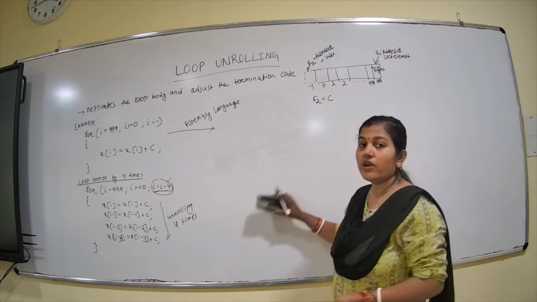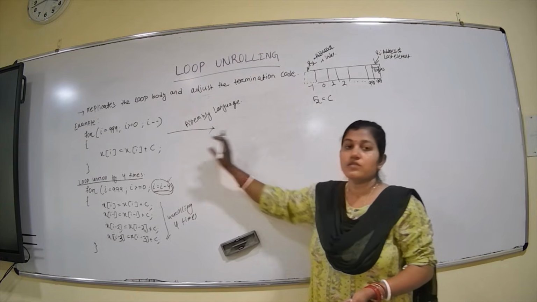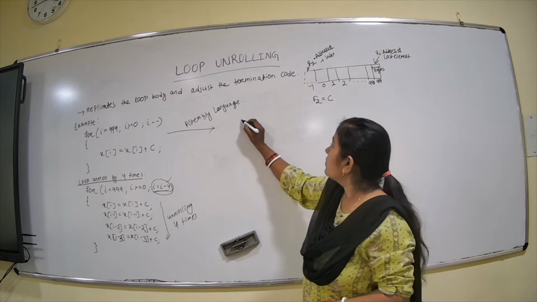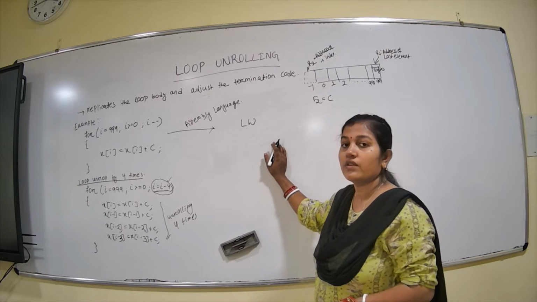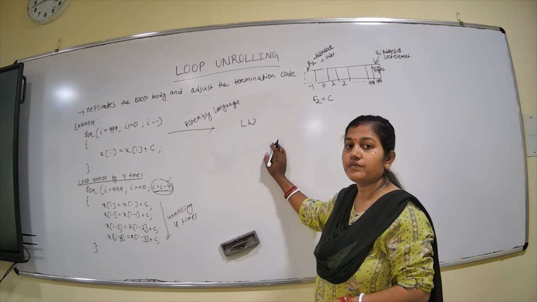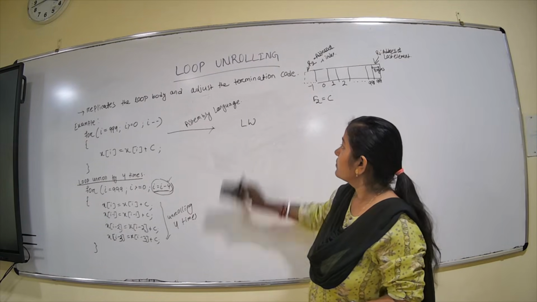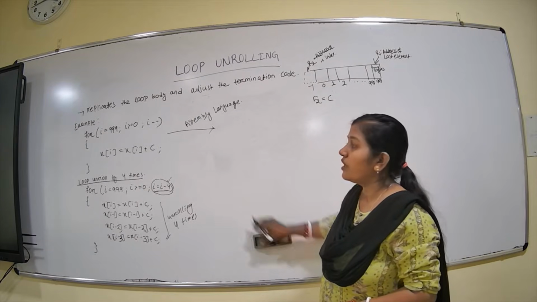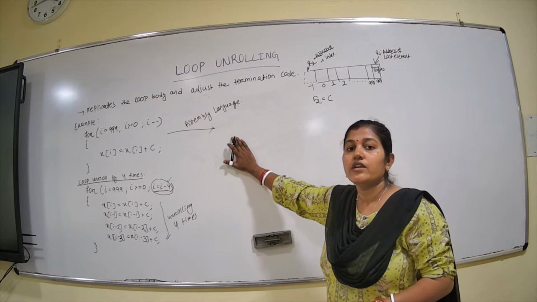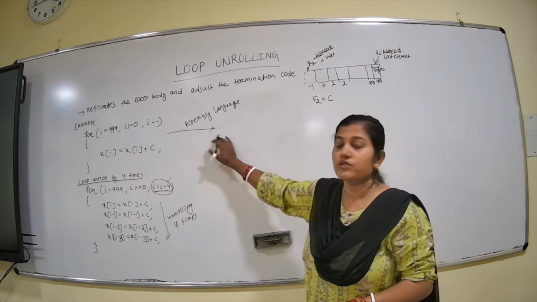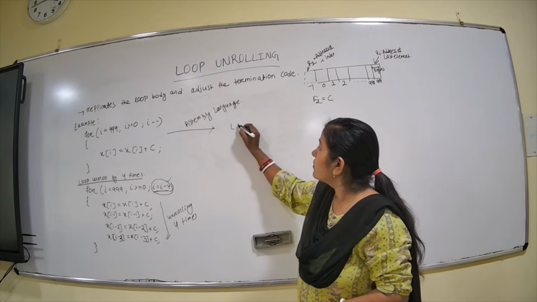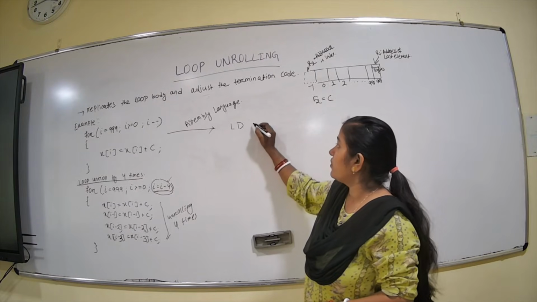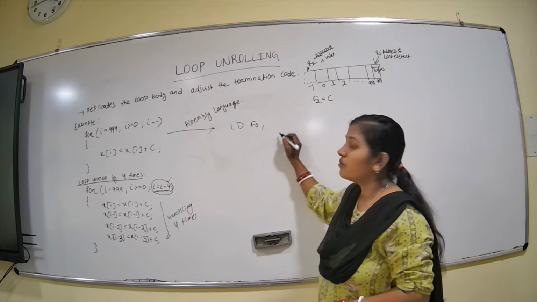Now I am writing the assembly language for this code. First, load into F0. What do I load?